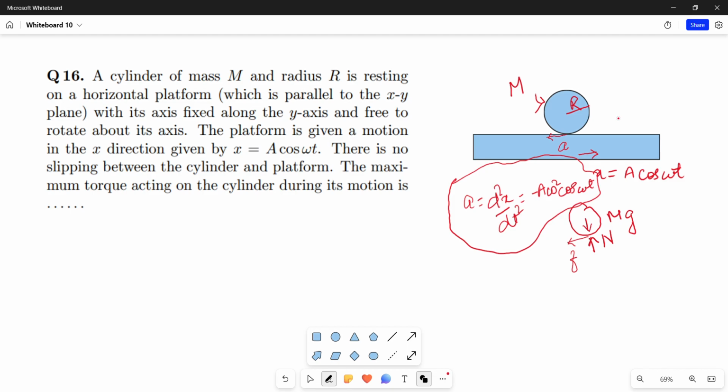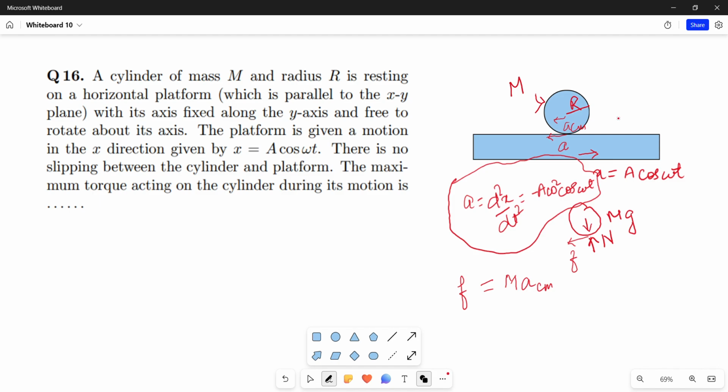Now writing the equation of motion from Newton's law, net force equals mass into acceleration. So force acting on the cylinder in horizontal direction is F, and that equals m into ACM, where ACM is acceleration of center of mass of this cylinder. This is ACM. And for the torque, because mg and N are passing through the center of mass, they will not exert any torque.